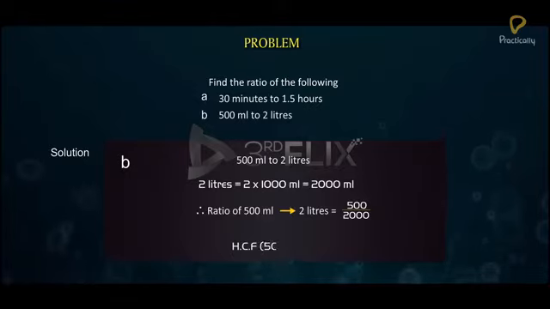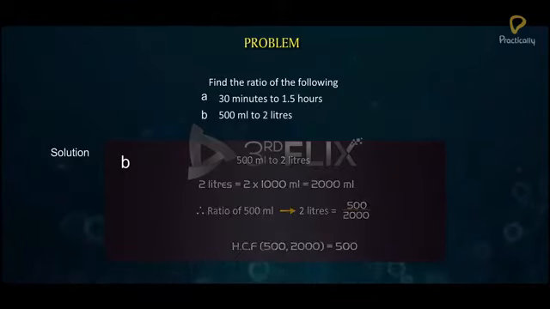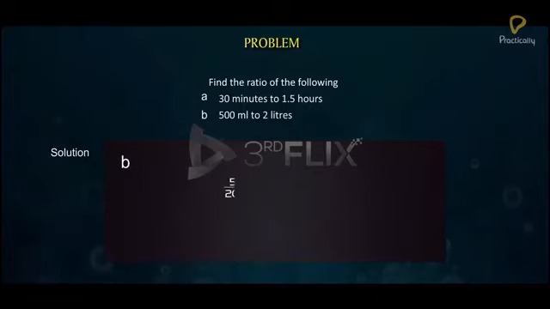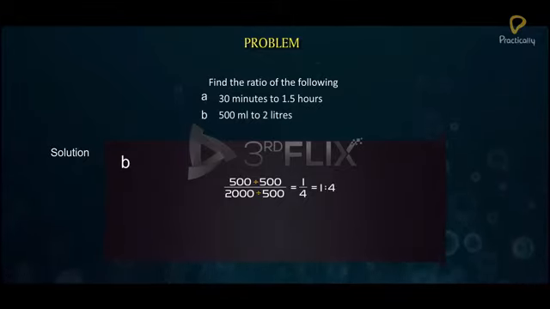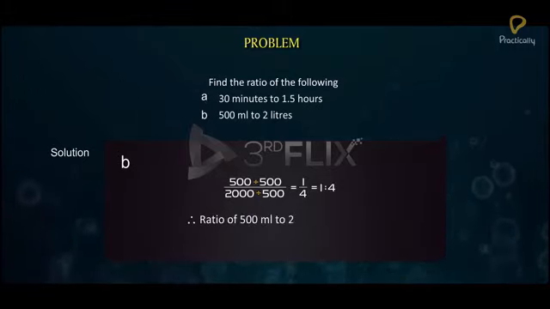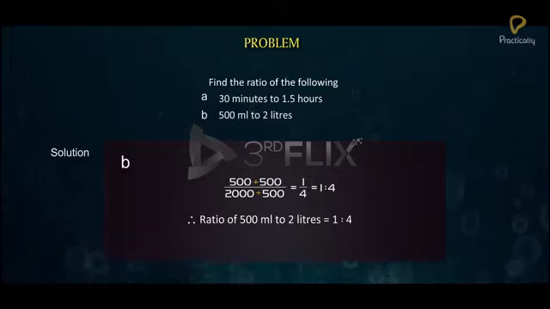HCF of 500, 2000 is 500. 500 divided by 500, whole divided by 2000 divided by 500. It is equal to 1 by 4, or 1:4. Therefore, the ratio of 500 ml to 2 liters is 1:4.